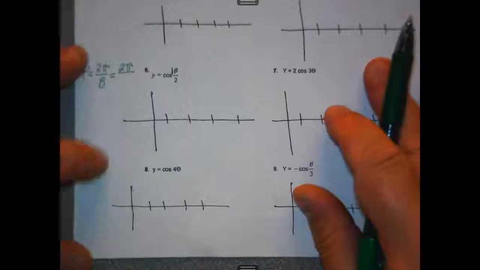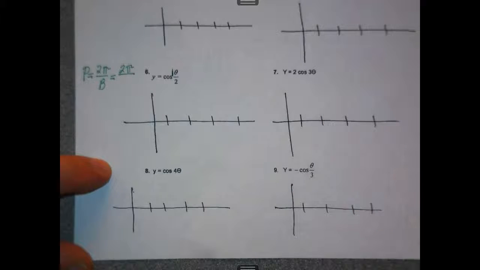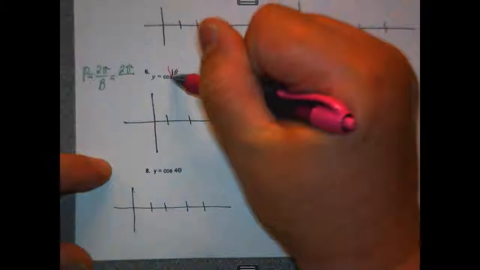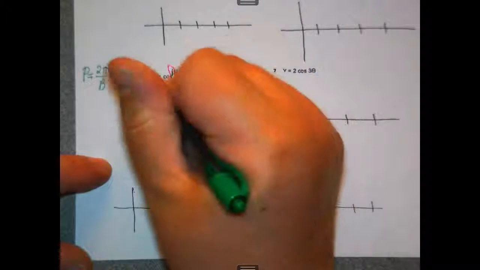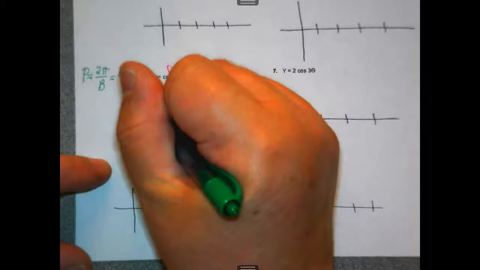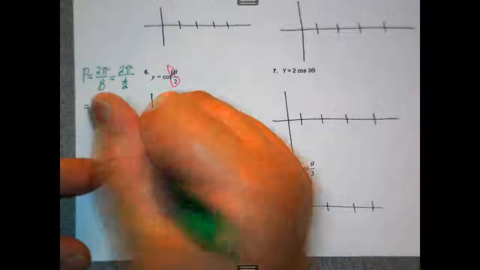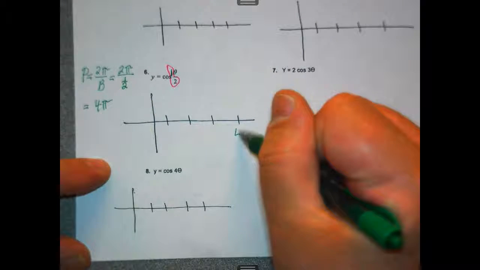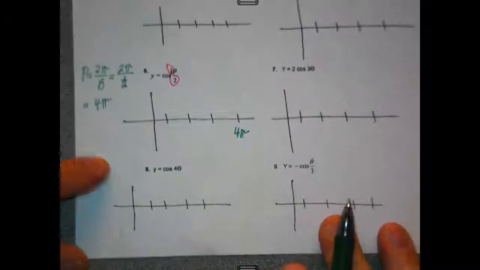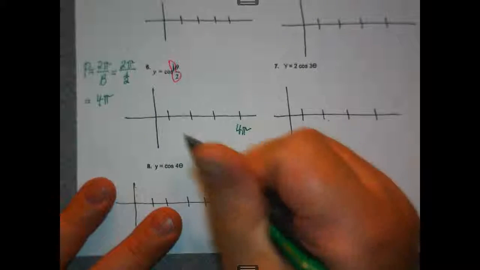So what's the coefficient of theta here? 1/2, right? So 2 pi divided by 1/2, flip it, is 4 pi. So my period's going to be 4 pi. What's half of 4 pi?